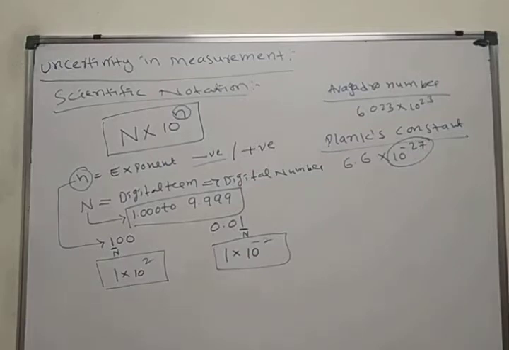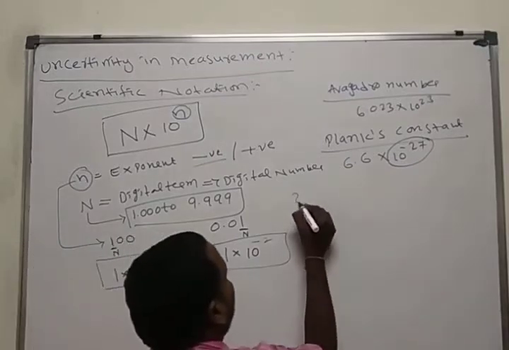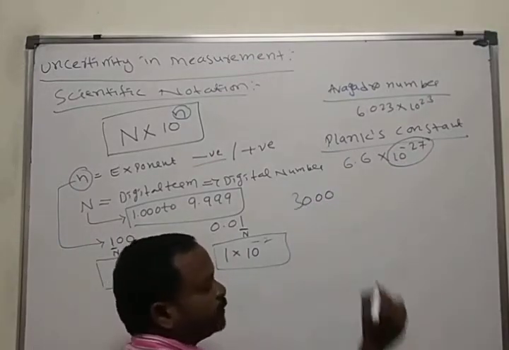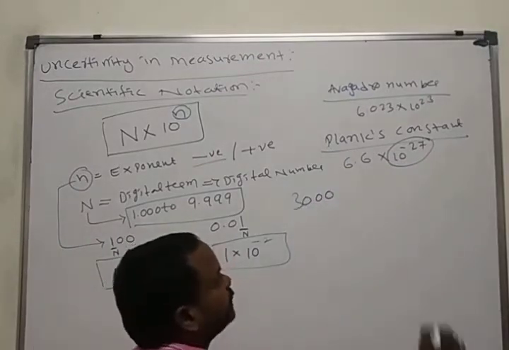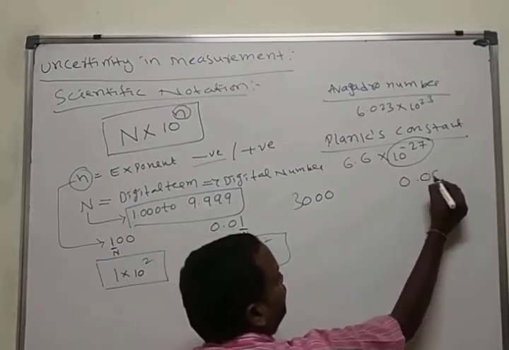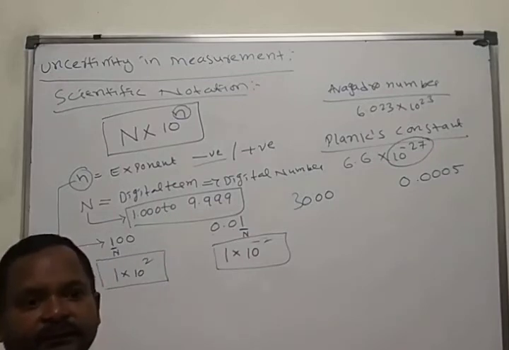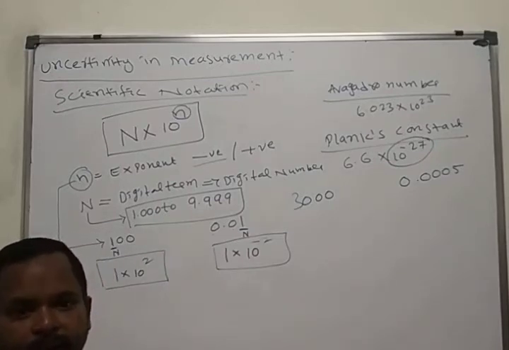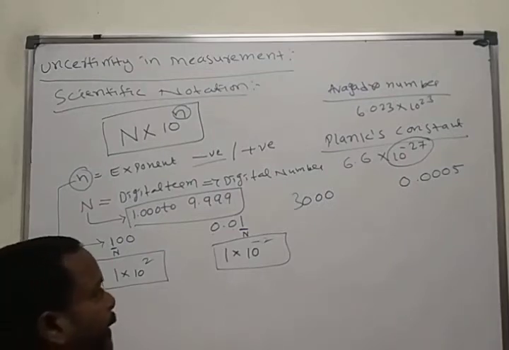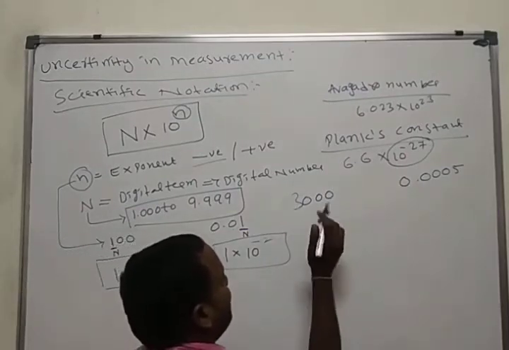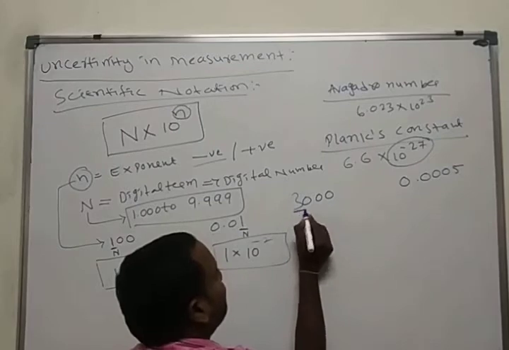You take any number, you write like this. I am taking one simple number, 3000. Here I am taking 0.0005. First, we will start with the simple numbers, then we will move to the critical ones. Here, what is the base?